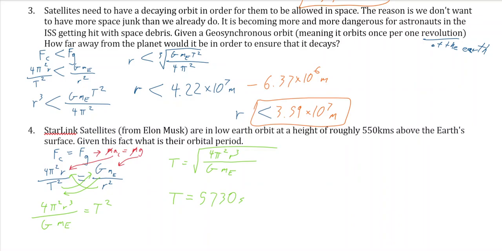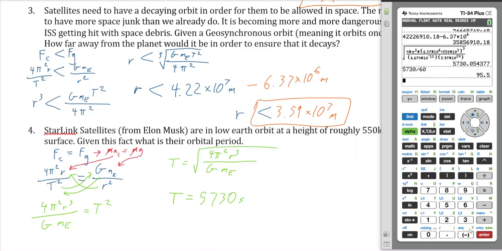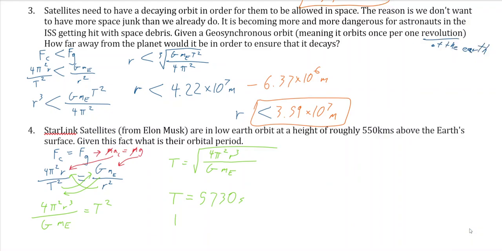Now, this is nice. You can probably leave it there, but to make it a more useful number, let's divide it by 60, which tells you how many minutes it is. So this is 95.5 minutes.